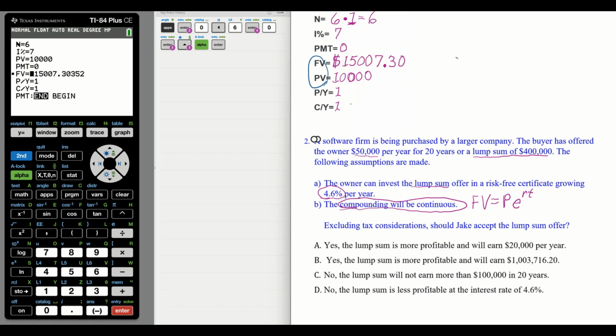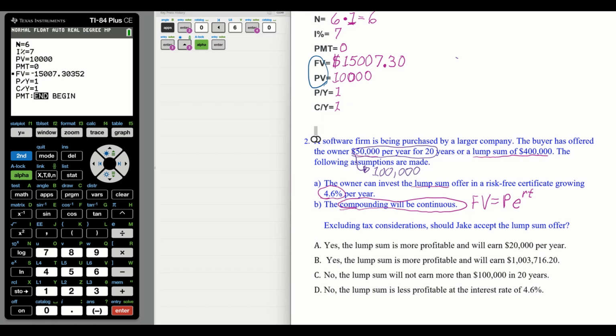Notice that the $50,000 every year for 20 years, there's no interest on that. They're not going to give you interest. So basically what happens is this amount right here turns into $100,000. Okay?